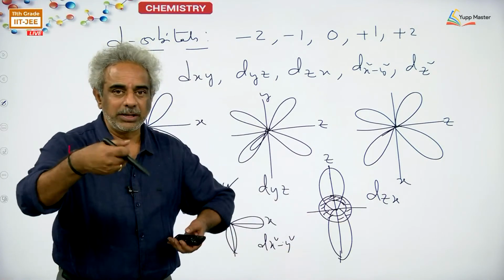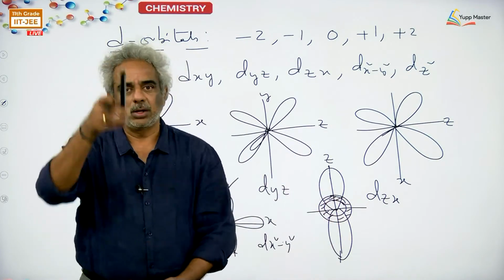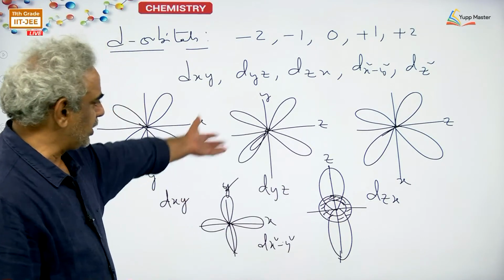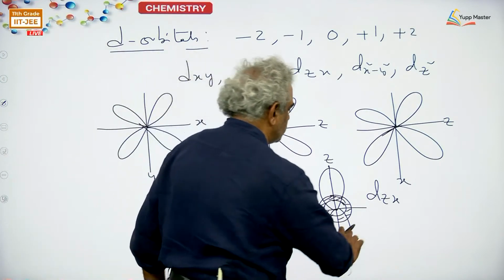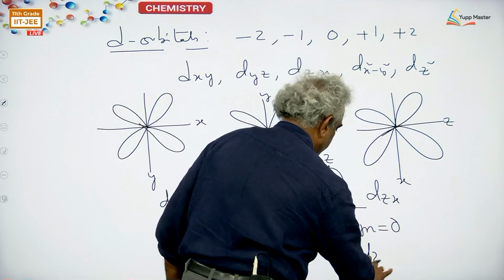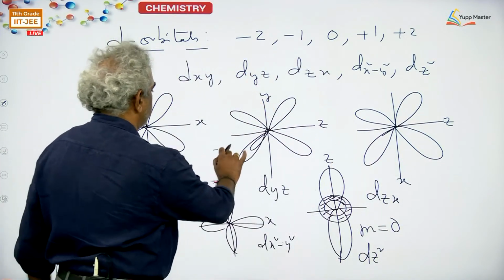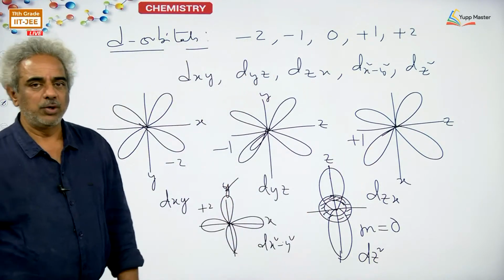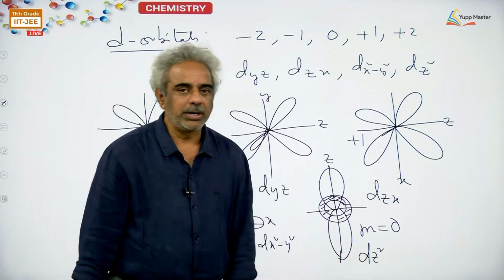See the toroid, that lies on the xy plane, and the lobes will spread along the z axis. So 5 d orbitals, and as I mentioned earlier, this must get m value 0. Its name is dz square, and the remaining are -2, -1, +1, +2 m values, and this m value is 0 because it is totally oriented on z.